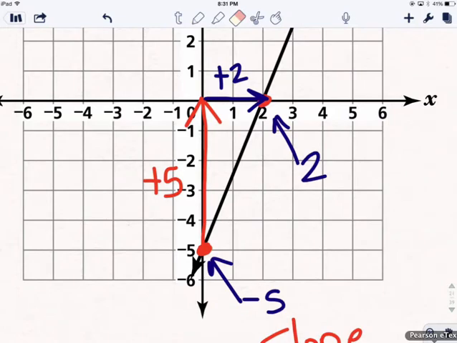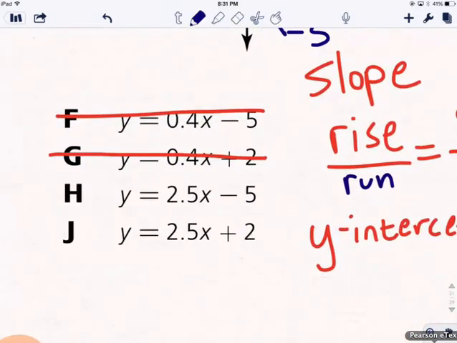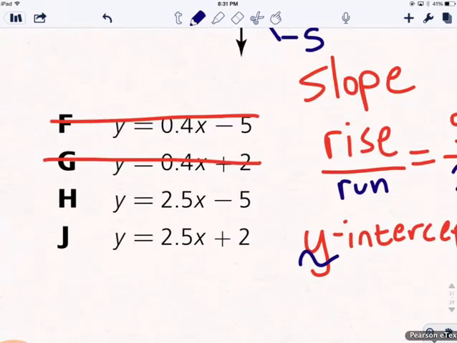Well, you know that the number that goes into slope-intercept form is the y-intercept, which is negative 5. Ignore this 2 over here. The 2 is the x-intercept, but it doesn't belong in the slope-intercept form. So the correct answer choice is H.